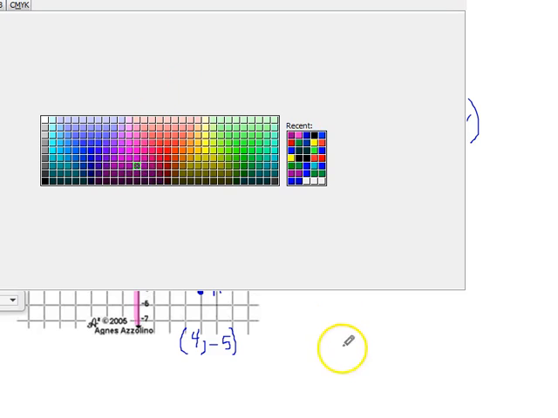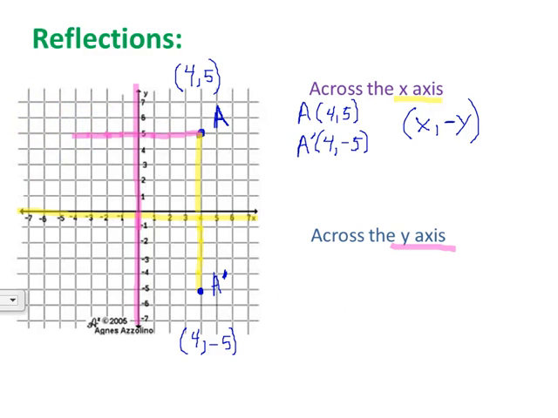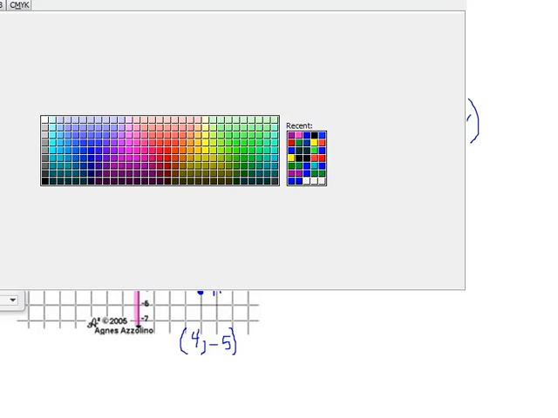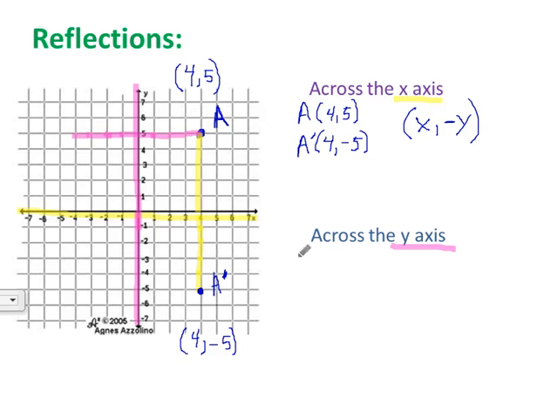And we'll call this our A prime also, because it's just a different reflection. Now we're at negative 4. Negative 4. We're still up 5.